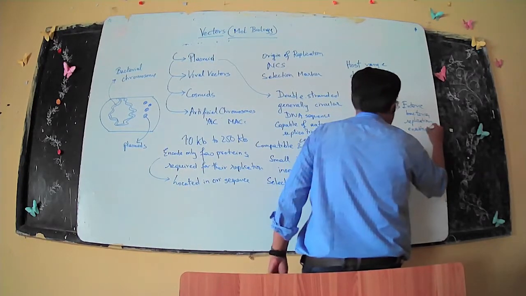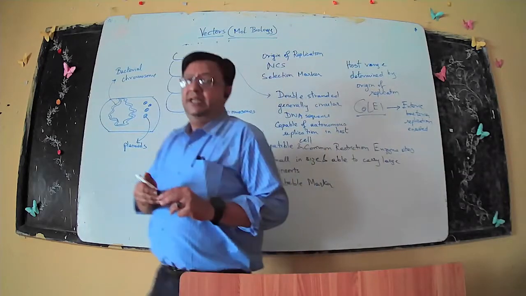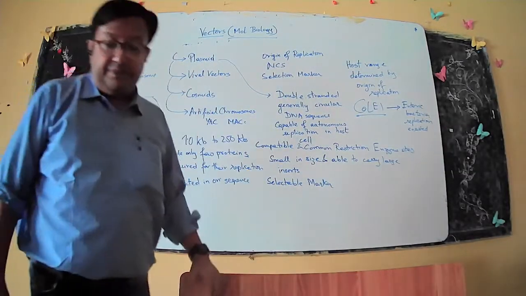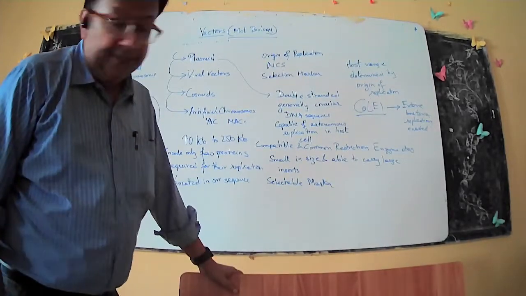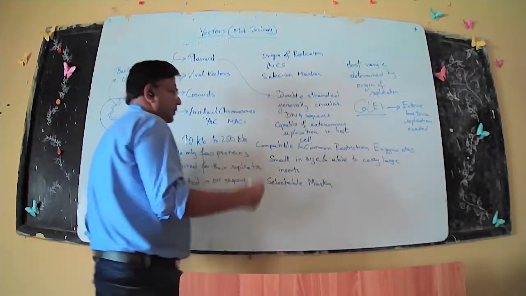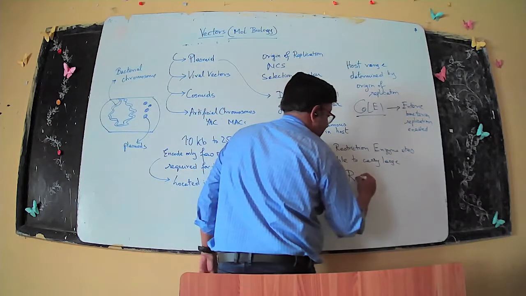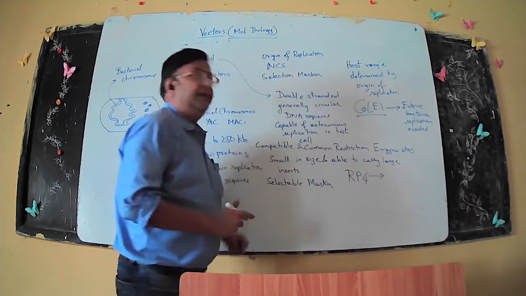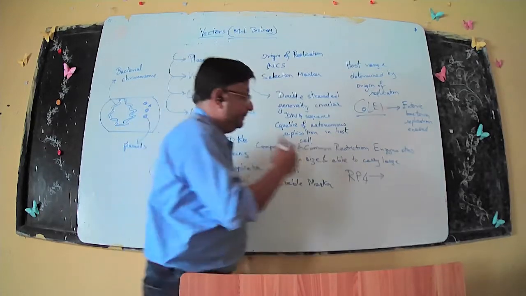They will not be able to grow in other places. But if it's of the RP4 type, they will grow in all gram-negative bacteria.